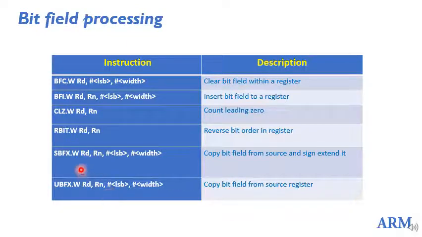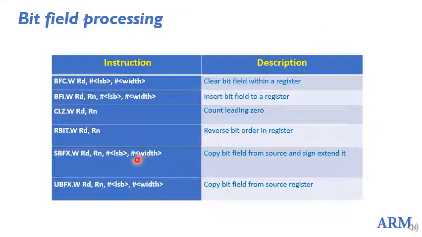So the syntax here is SBFX Rd comma Rn hash LSB hash width. So it is going to copy, starting from the value given here in LSB of the source register, number of bits given by this operand, that is width.